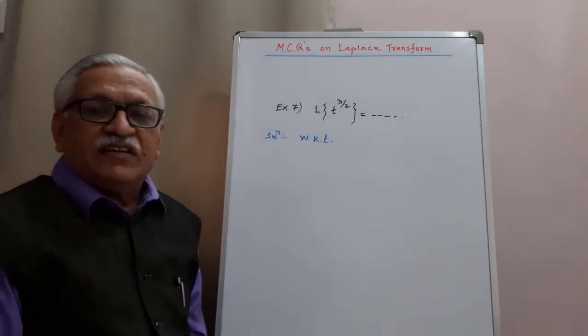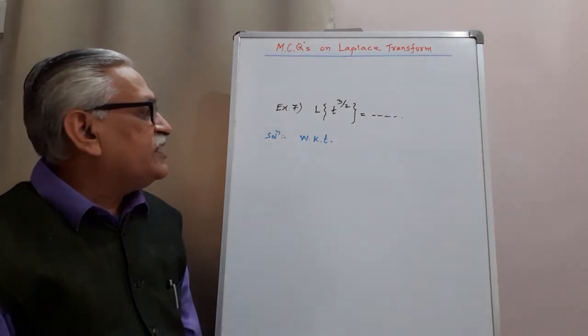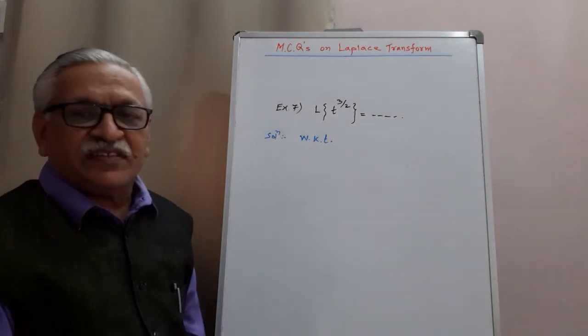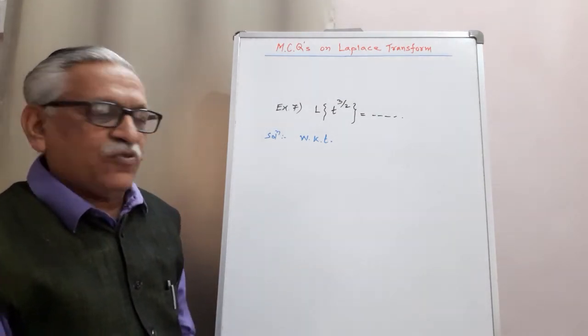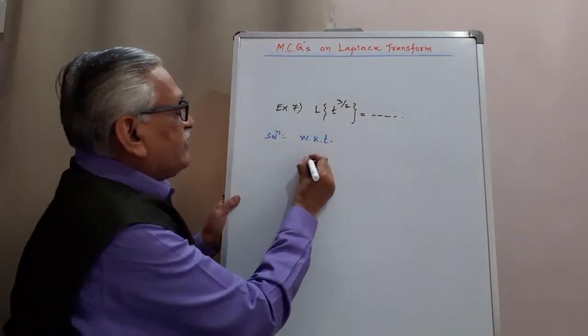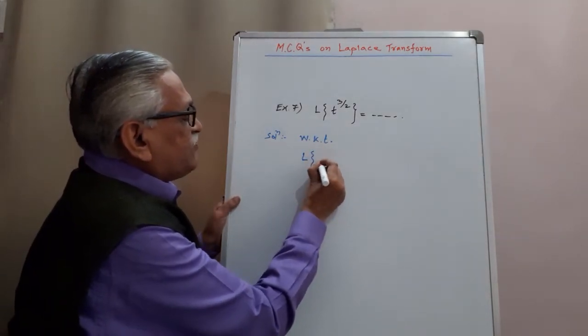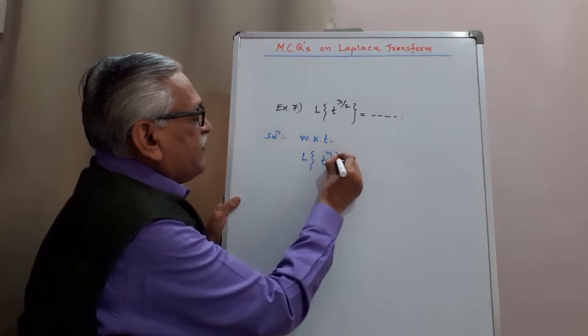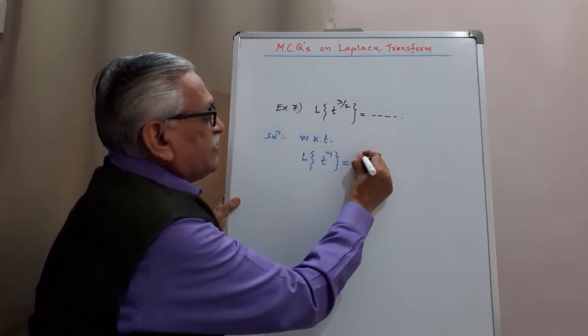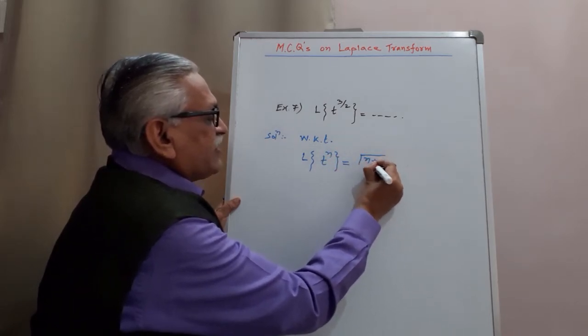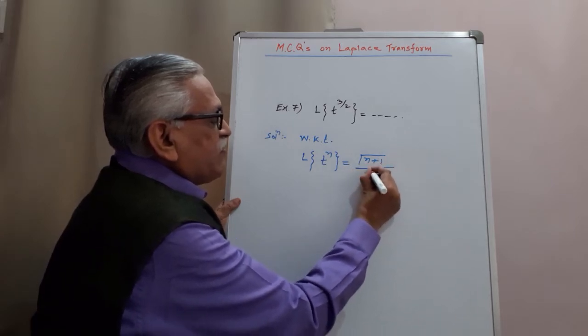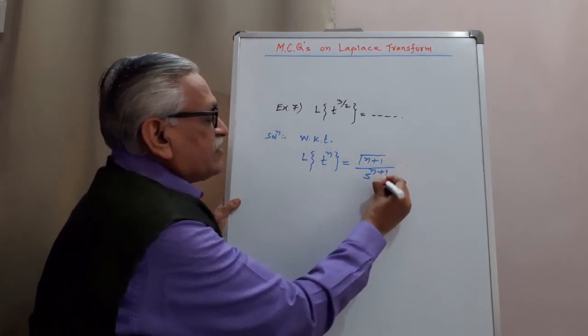Example number 7, find Laplace transform of t raised to 3 by 2. Select the correct option out of the 4. And to find that, we know that Laplace transform of t raised to n, if n is not a positive integer, is given by gamma of n plus 1 divided by s raised to n plus 1.